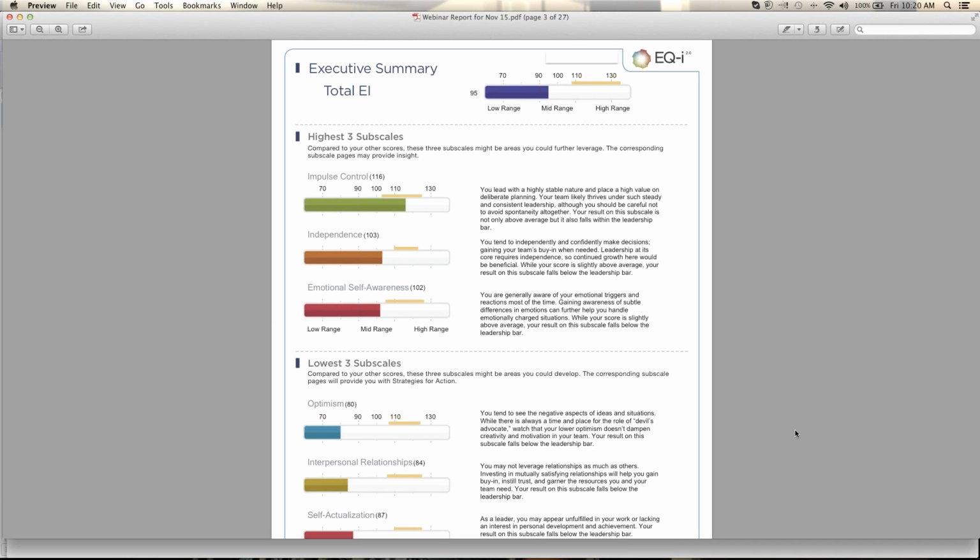Your highest score is in impulse control, which generally is a very good thing. You can read the bit of a descriptor there. And again, you're going to have this to take away with you after our meeting today, and then you can underline, highlight, consider, review, and reflect on anything that's in the report.